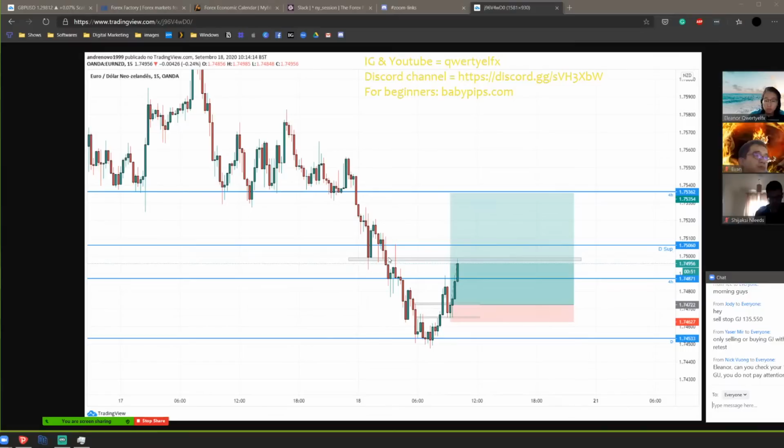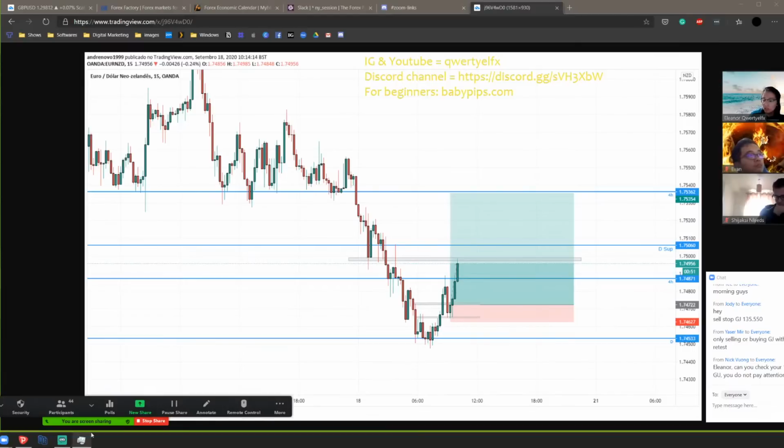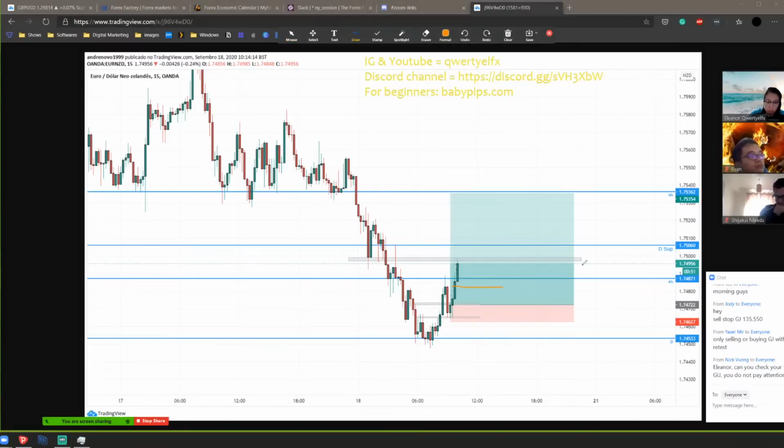So this would be a minor zone for you. You would think that it should break above and hit your daily support, because high time frame zones are definitely stronger than lower time frame zones. If you're afraid of this zone, trail your stop loss a bit tighter to lock in some profits around this area here. So at least you have this zone to protect you in case the trade comes down. Then I think you would feel a bit better about your trade.